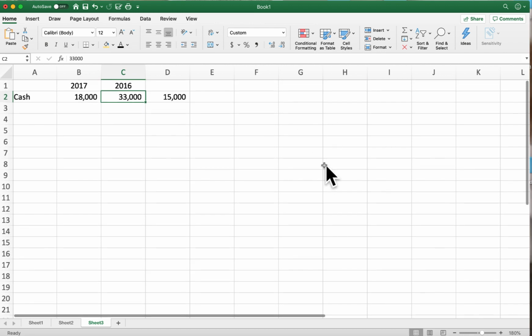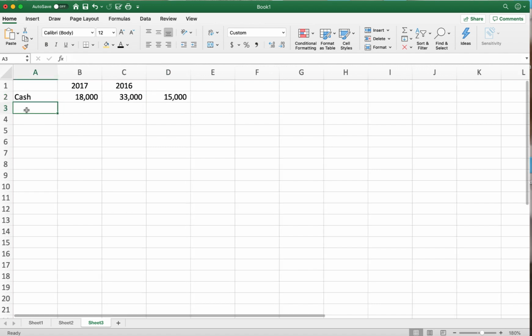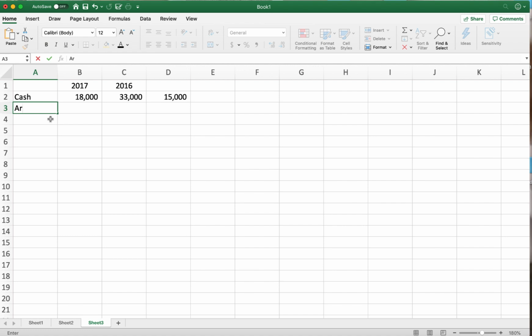So at the end of the day, once we finish this statement of cash flow, we're going to prove that our ending balance is $18,000 in cash. We're going to show that our cash decreased by $15,000, and we're going to show which one of those activities either provided or used cash. Okay?